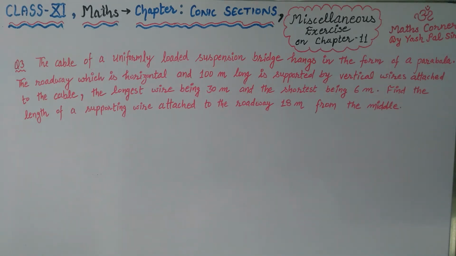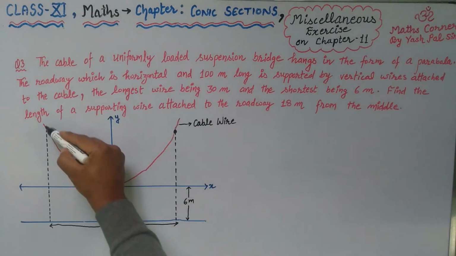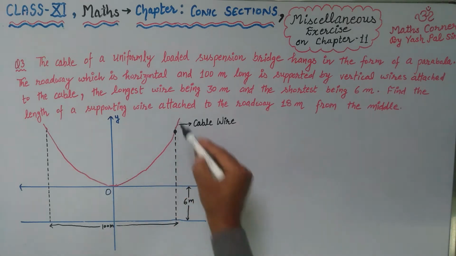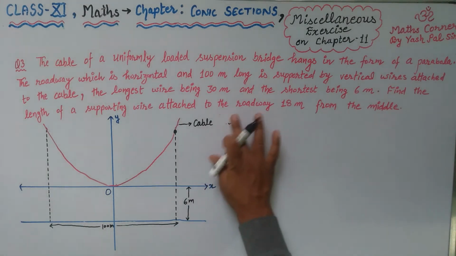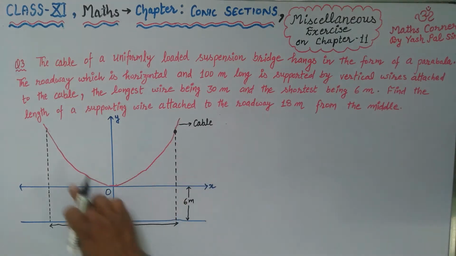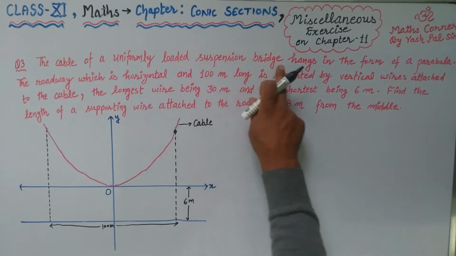Okay, so first of all the diagram. Geometrically, what is the meaning of the statement? Let us see. Yes, this is the diagram. This is the cable wire. Okay, this is the cable of the bridge, the cable of a uniformly loaded suspension bridge.